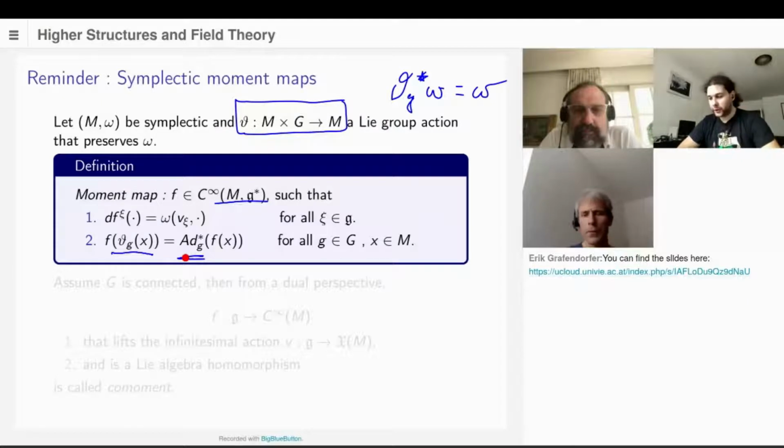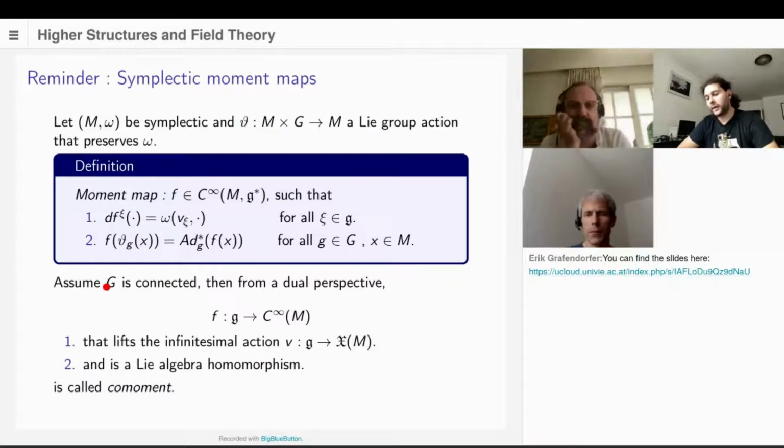For what we are going to do multisymplectically, a nicer perspective is actually the dual perspective, which, if G is connected, doesn't lose any information. So for the Lie algebra of a connected Lie group, we say that a comoment is the following: a smooth linear map from the Lie algebra to the smooth functions that lifts the infinitesimal action of the Lie algebra on the manifold.